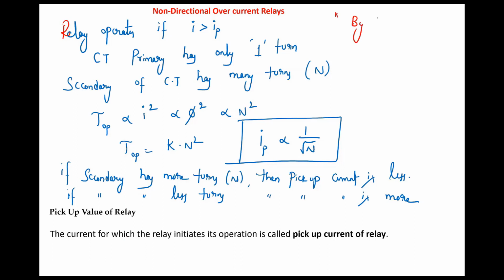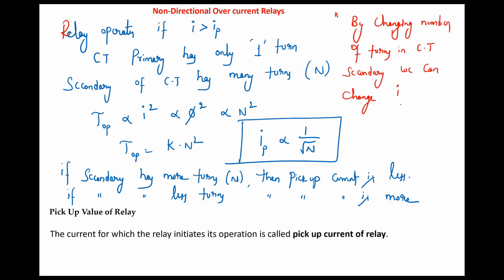By changing the number of turns in the CT secondary, we can change the pickup current of the overcurrent relay.